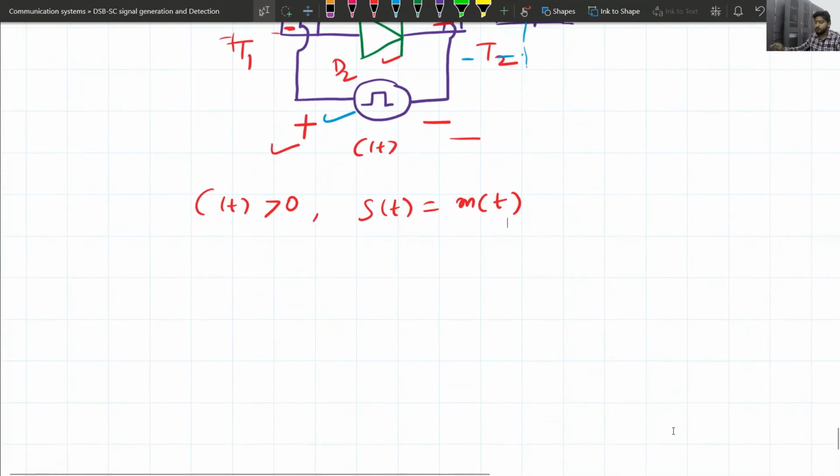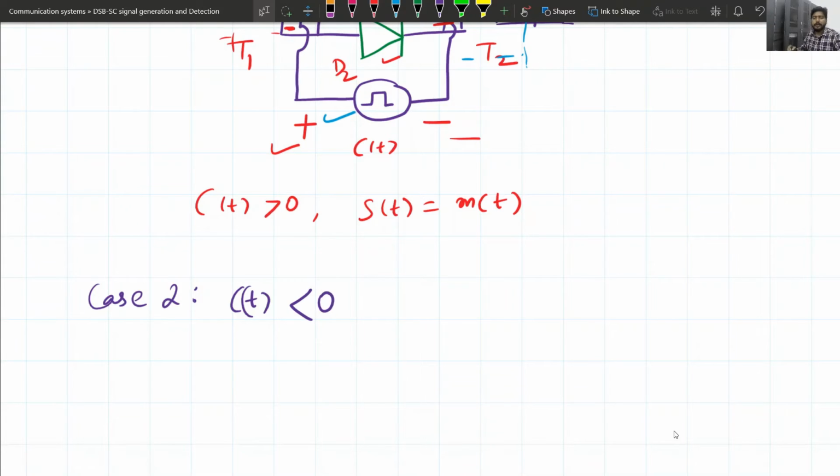Let us take case 2. When CT is less than 0, or the negative values of CT.